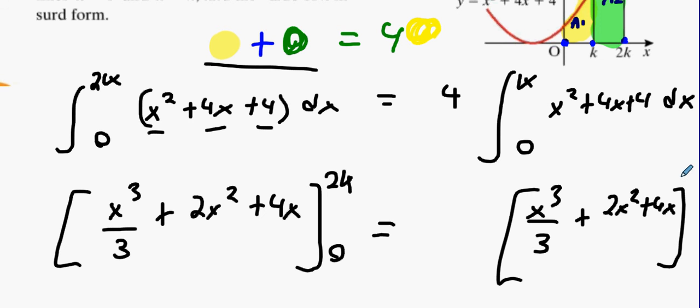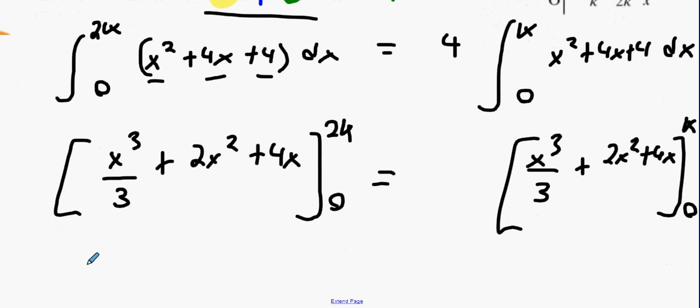This one's just k to 0, isn't it? Alright. Now, let's put in our stuff. We don't need to worry about the second limit at all, do we? It's only ever 0, isn't it?